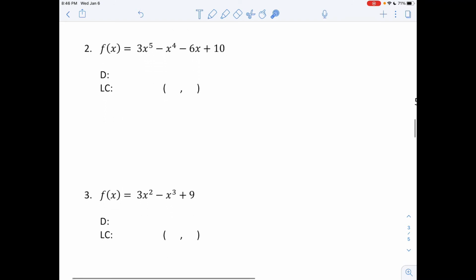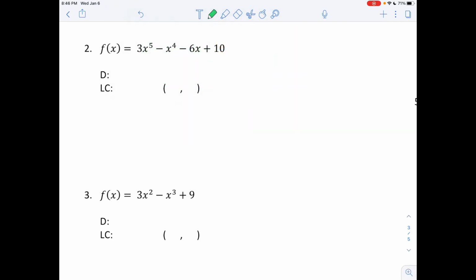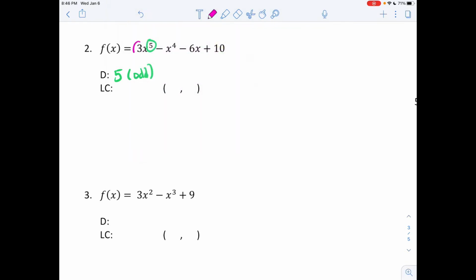All right, let's look at another one. We want to first identify our degree, which will then lead us to our leading coefficient. Our degree is 5, so 5 is odd. Remember, on degree, we're looking at odd or even. And then our leading coefficient is the 3 in front of that term, and 3 is a positive.